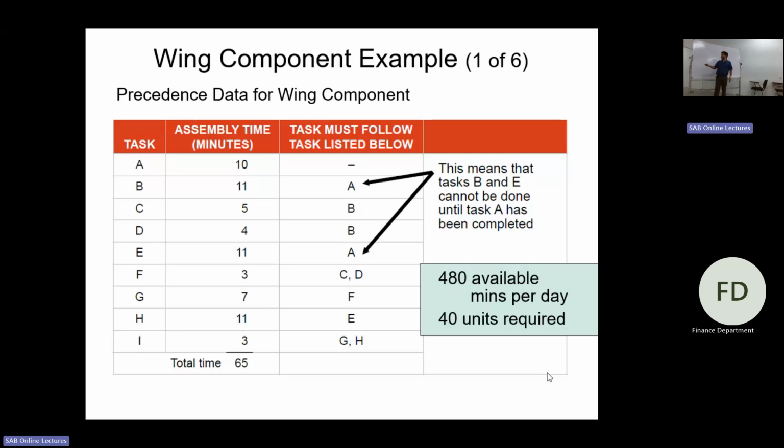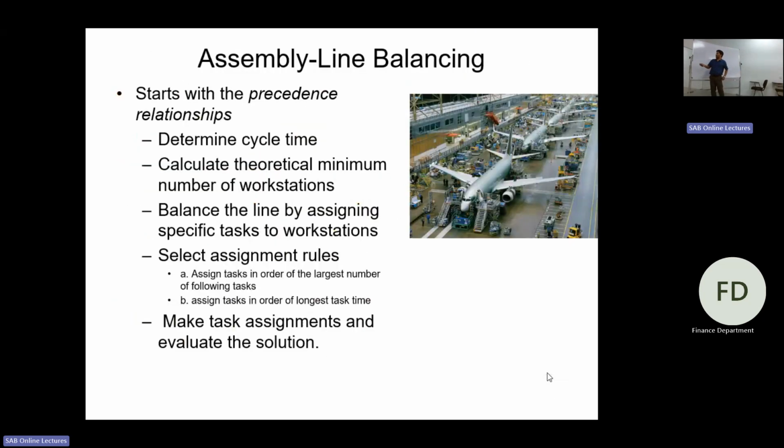This is given in minutes, and this is also given in minutes, so keep that in mind. And then within a day, 40 units are required. That is the output required, based on which we calculate the required cycle time. So determining the cycle time is the next step.